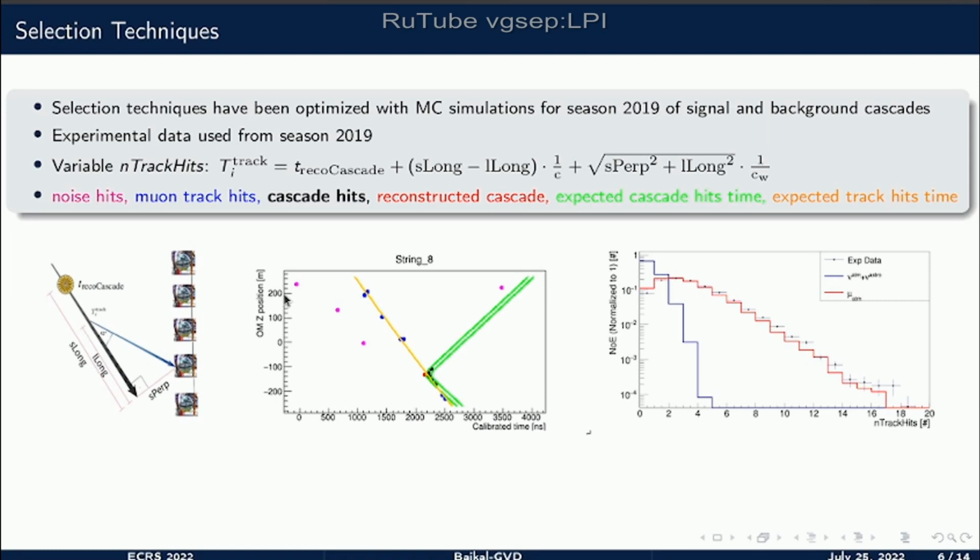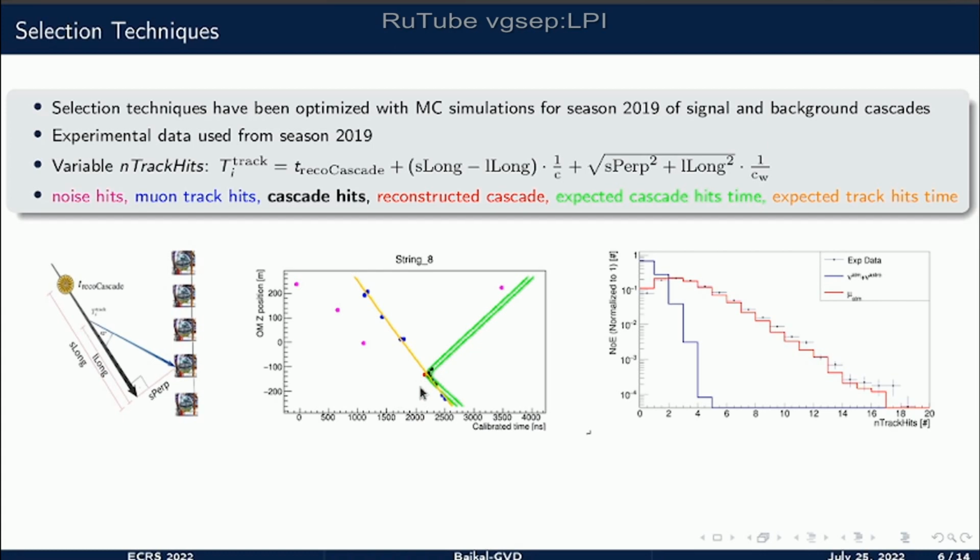For example, in the picture in the middle, on the horizontal axis we have the hit times of detected hits, and on the vertical axis we have the Z coordinate of the optical modules which detected the hits, and different colors correspond to different origins of hits.